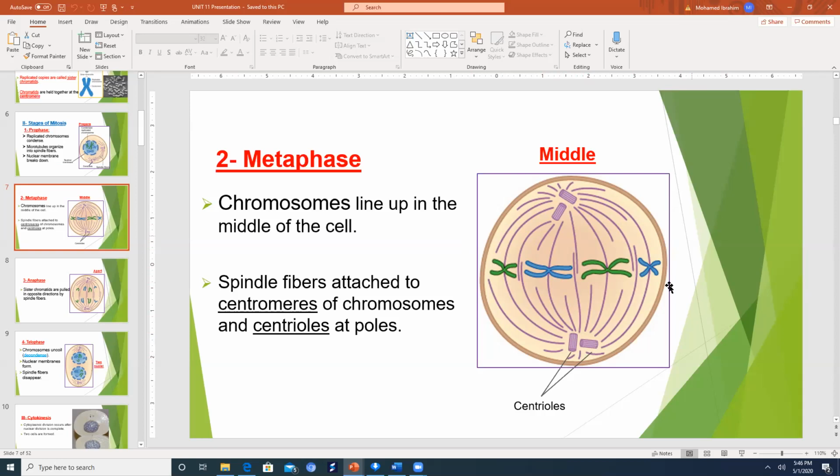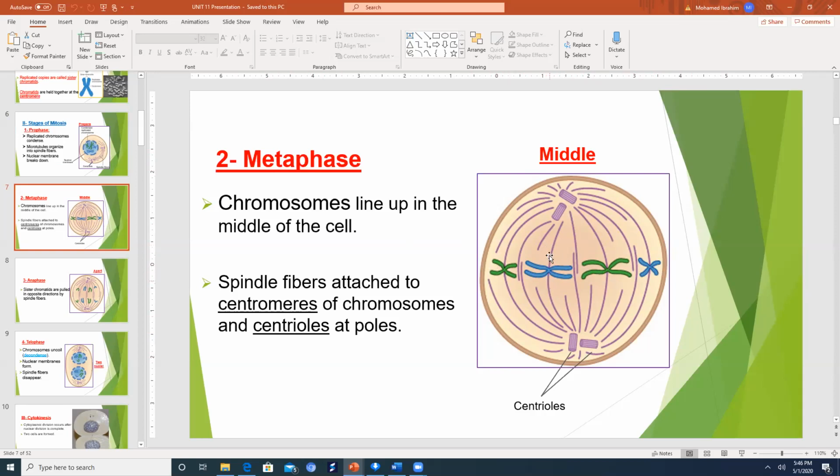In mitosis during metaphase, chromosomes are aligned side by side. Okay? Chromosomes are aligned side by side. In meiosis 1 especially, during metaphase, homologous chromosomes are going to face each other. They are not going to align.